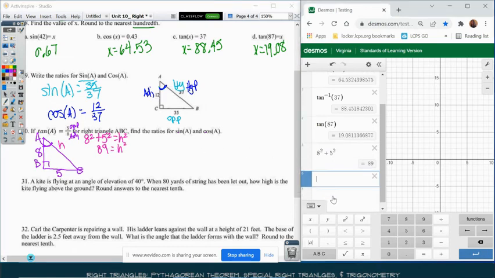Take the square root on both sides. Can we make a factor tree for the square root of 89? 89 is not going to simplify into any simpler form, so the hypotenuse is the square root of 89.